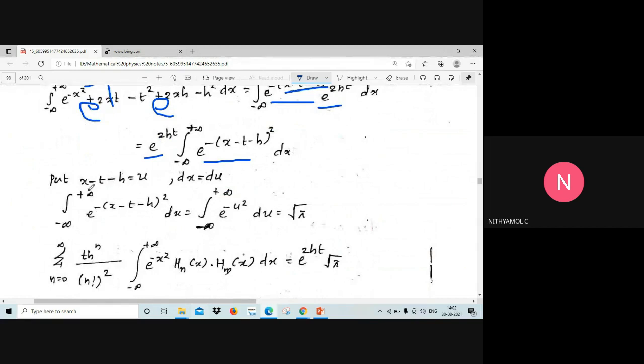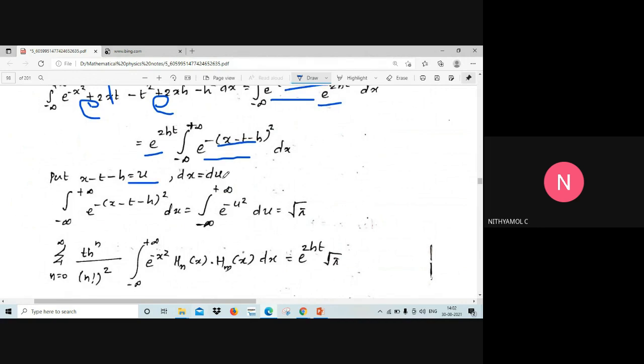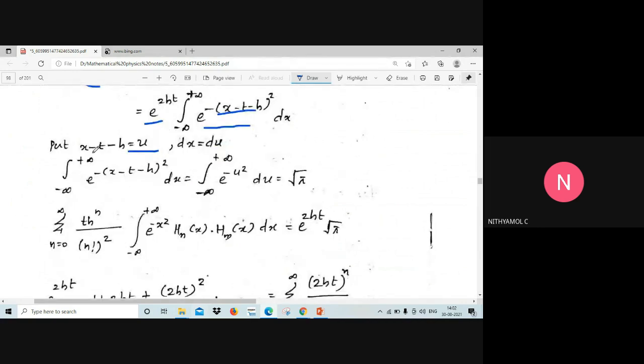Now we can put x minus t minus h equal to u, that is dx equal to du. So the integral minus infinity to infinity e raised to minus (x minus t minus h) all square dx equals the integral minus infinity to infinity e raised to minus u square du, and the value of this integral is root pi.